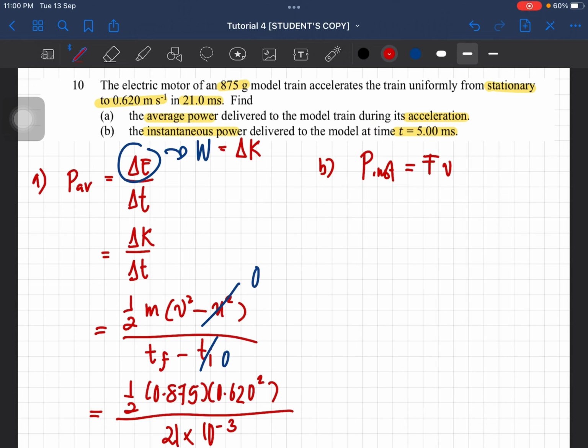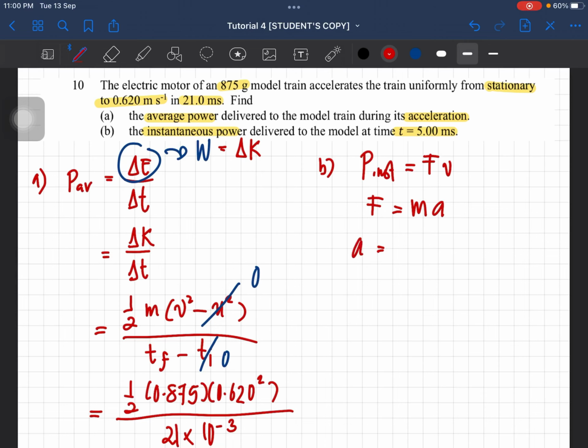Okay, so first we have to calculate the value of force. Sebab kita tiada nilai force, kita just ada the speed. So how do we calculate the value of force? We know that force is equal to mass times acceleration. Tapi sekarang ni the problem is we do not know the value of acceleration. Okay, so macam mana kita cari acceleration?